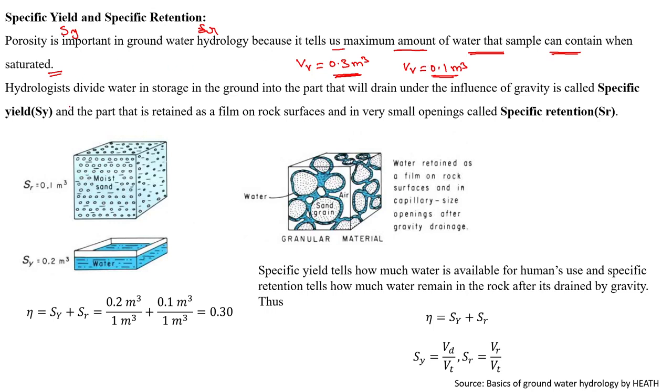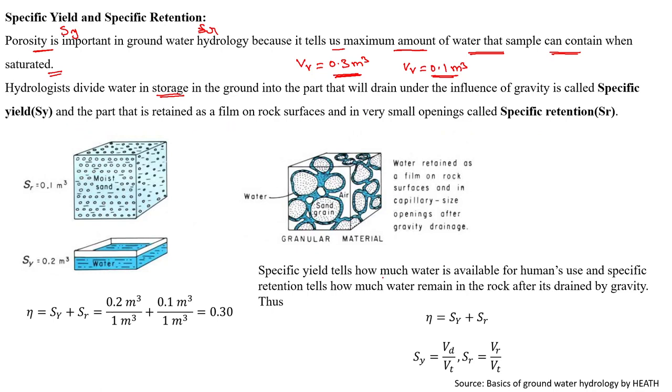Okay, this is very important in irrigation planning and geotechnical engineering. Now, hydrologists divide the water which is stored in the ground into two parts: one is the specific yield part, another is the specific retention part. So what is specific yield?